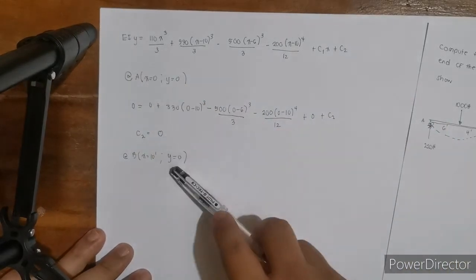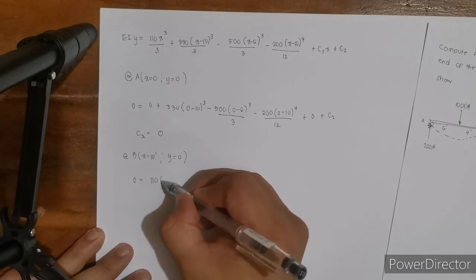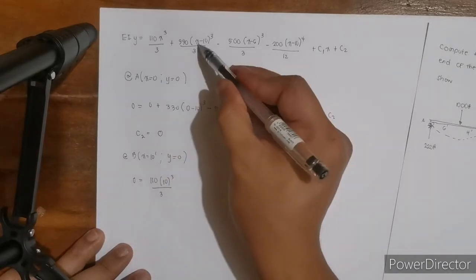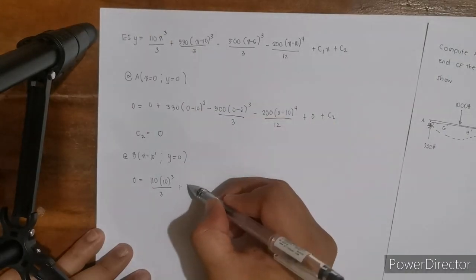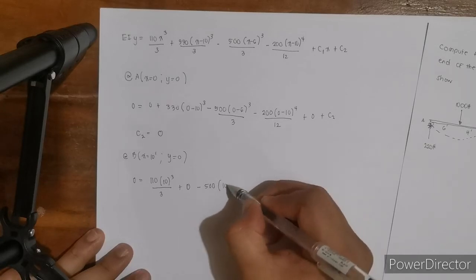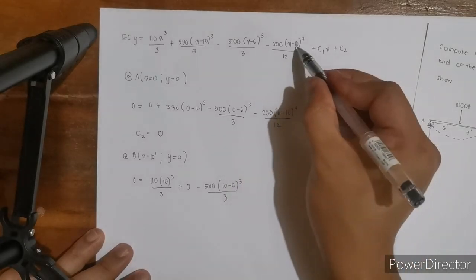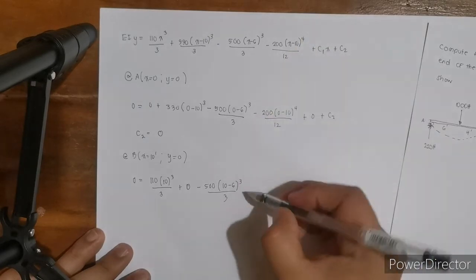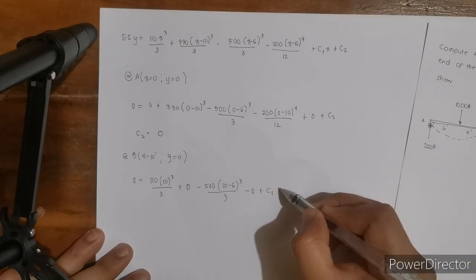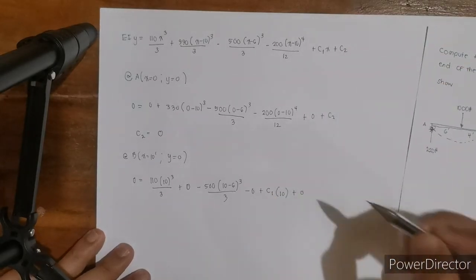So, EI times y, that is 0. 110, x is 10, raised to 3, eto, 10 minus 10, 0 yun, minus 500, 10 minus 6 raised to 3 over 3, eto, 10 minus 10, so maging 0 yun, plus C1 times x, x is 10, ang C2 ay 0.